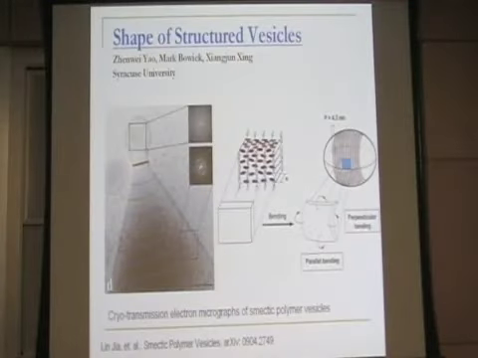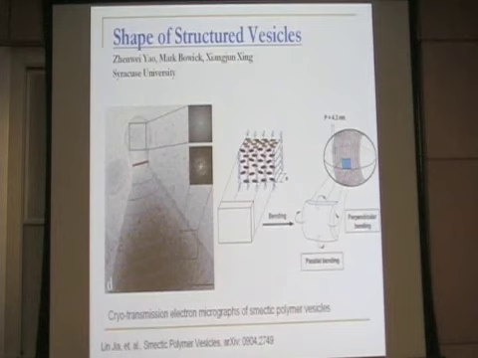My topic is about the shape of structured vesicles. Recently, large structured vesicles have been synthesized in experiment using diblock copolymers with side chain mesogens, and they look like this. The size of the vesicle is at the scale of microns, and the size of the building block is at the scale of nanometers.